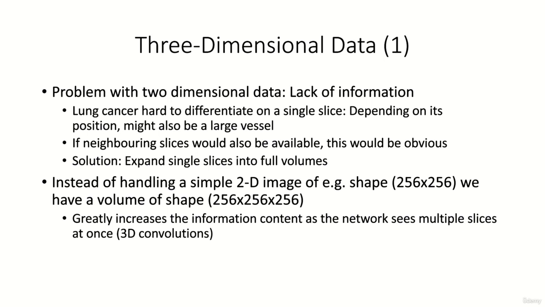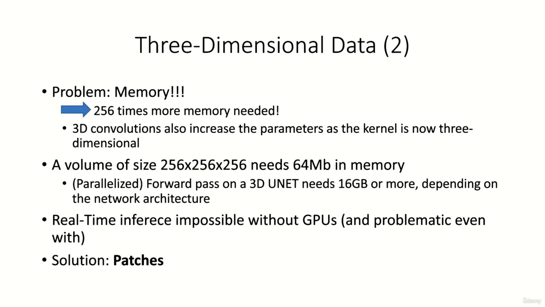Unfortunately, as you might already imagine, this increase in information comes with a huge cost. Memory. A volume of shape 256 to the power of 3 needs 256 times more memory. Next to that, three-dimensional convolutions also increase the number of parameters of the model, as the kernel is now three-dimensional.